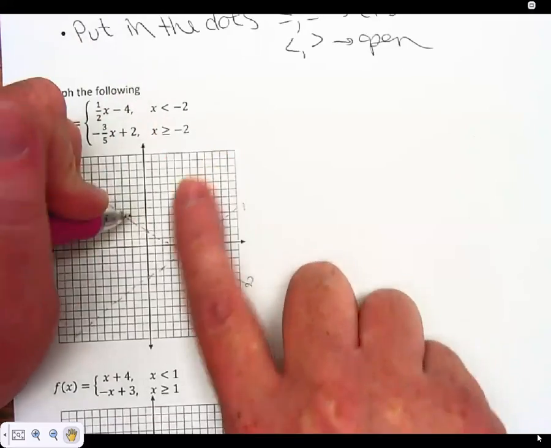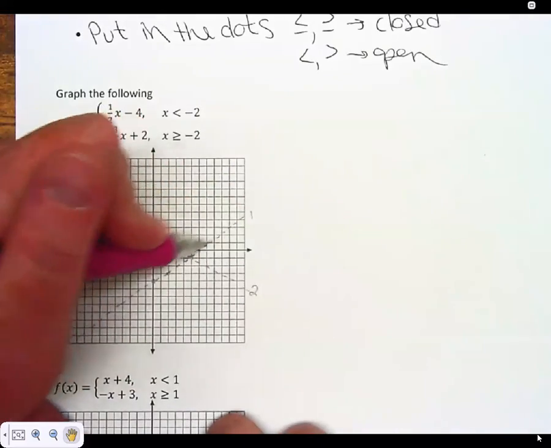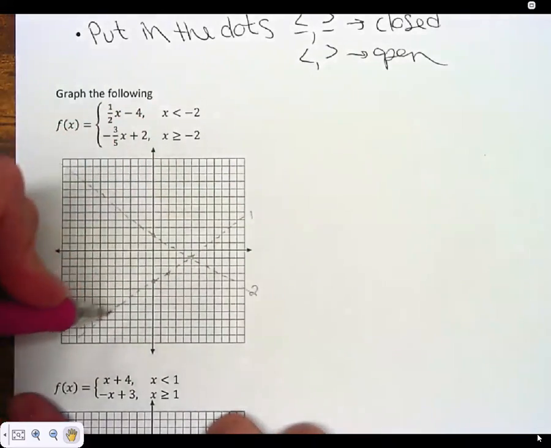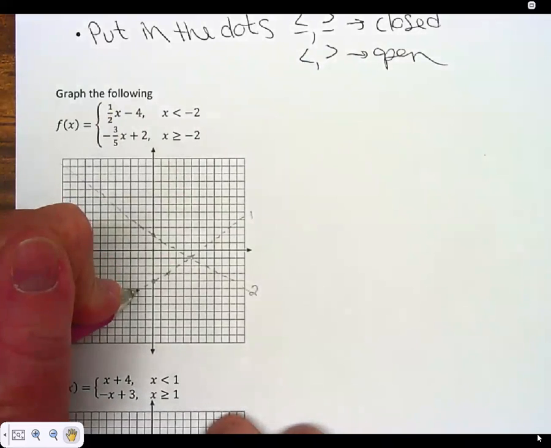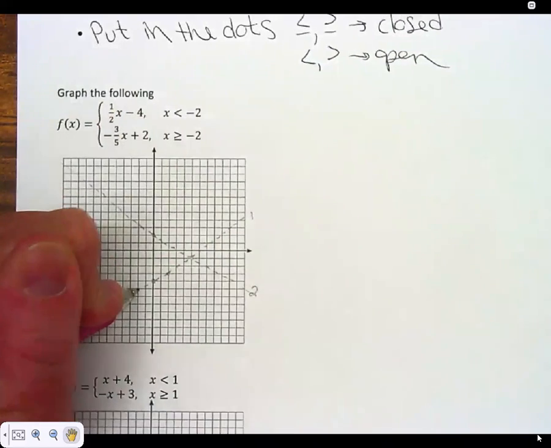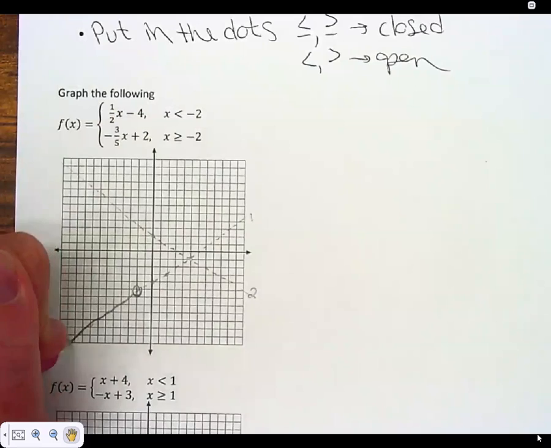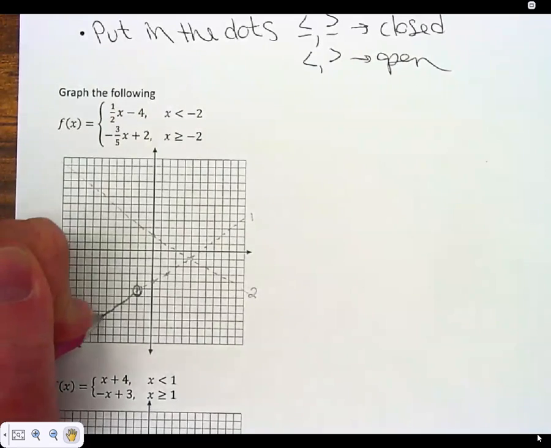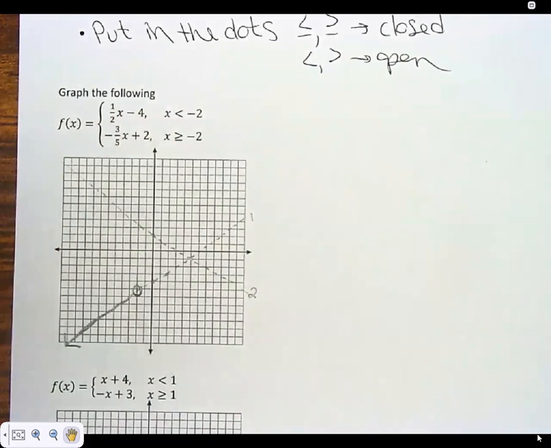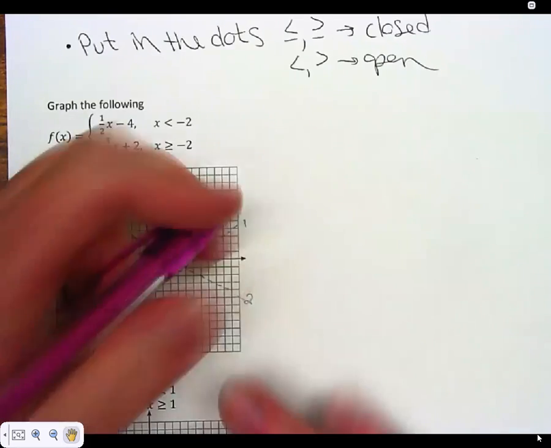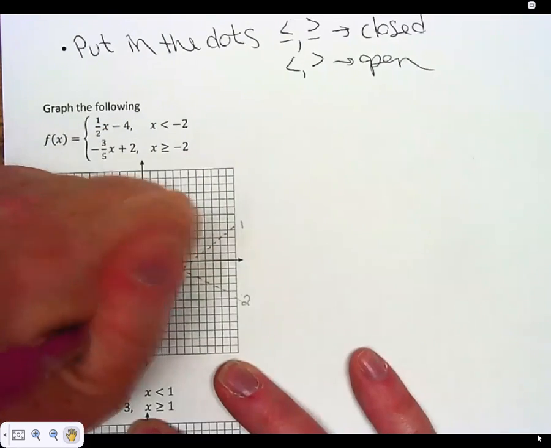So I'm going to find my first line at -2. Since it's strictly less than, I'm going to have an open circle. And then less than means everything to the left, so I'm going to darken in this part. And then you get rid of everything else to the right because we don't need that.